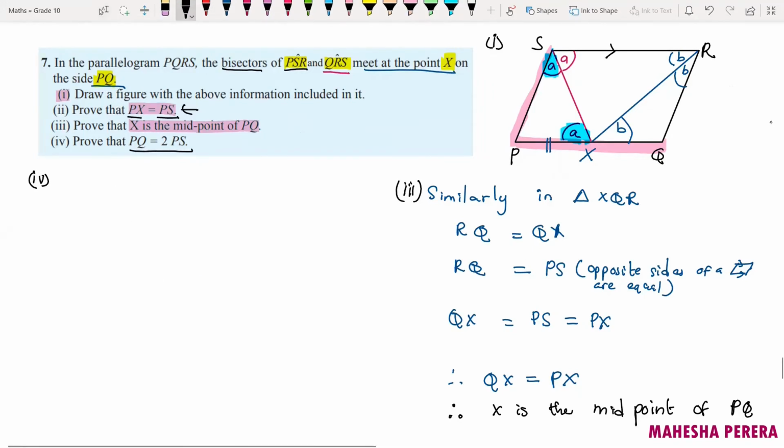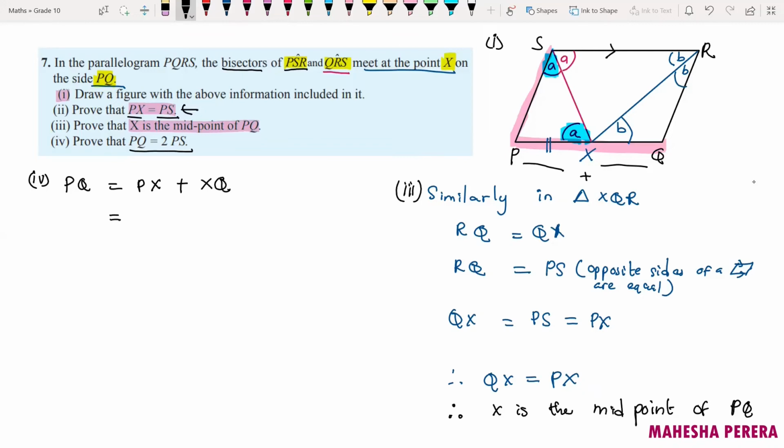Now when you consider side PQ, PQ means PX plus XQ, right? So let's write PQ equals PX plus XQ.